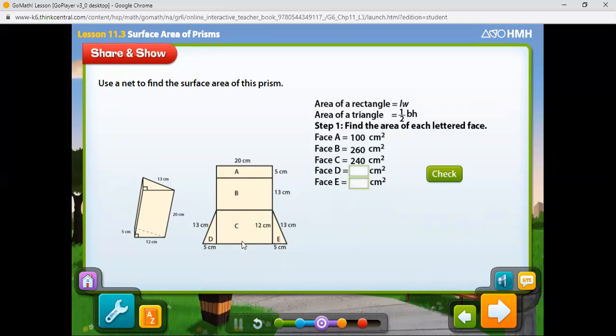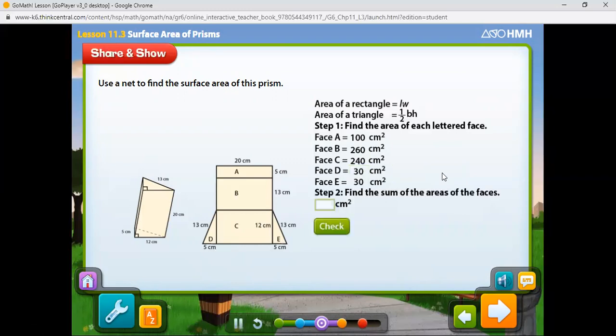So half multiplied by 5 multiplied by 12. Half of 12 is 6. 6 fives are going to give you 30. Similarly, it's the same one. So let's check. Excellent. The correct answers are 30 and 30. The bases are congruent, so they have the same area.